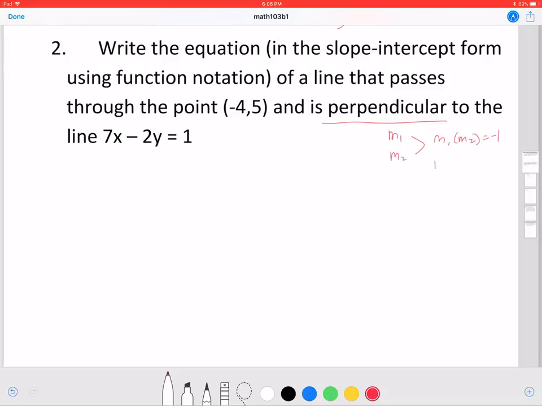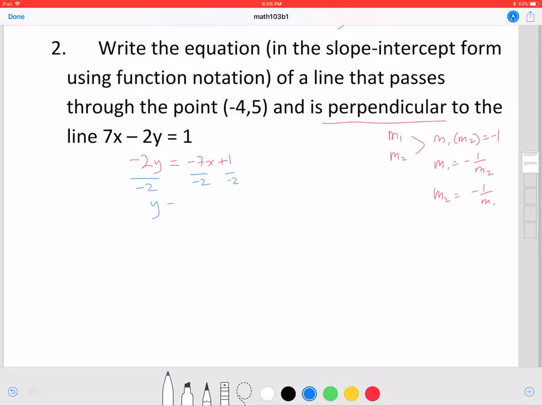Sometimes you may have heard this as negative reciprocal. Doesn't matter which one. Either way, the relationship holds. So first let's solve this one for y. -2y is equal to -7x plus 1, divided by -2.